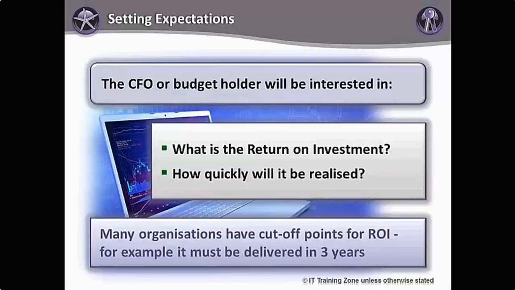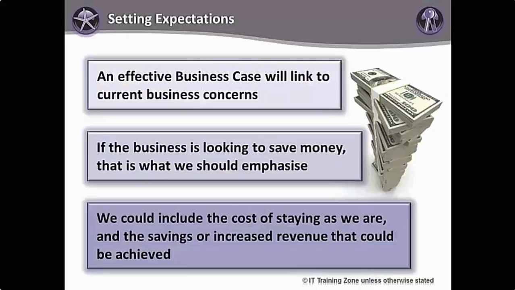If it won't be delivered in 3 years, for example, it won't be approved. An effective business case will be one that links to current business concerns. If the business is looking to save money, that's what we emphasize. We need to include the cost of staying as we are and estimate the savings or increased revenue that could be achieved.